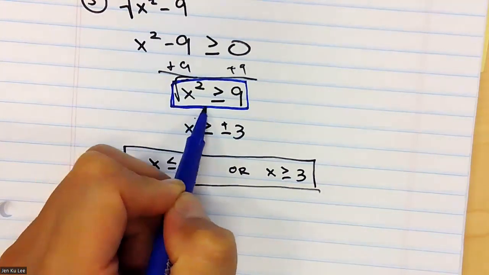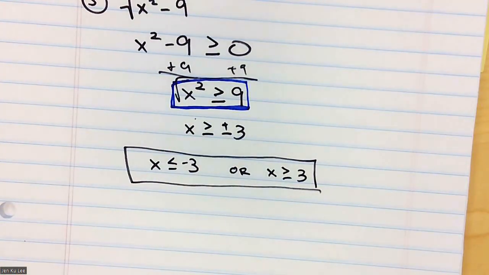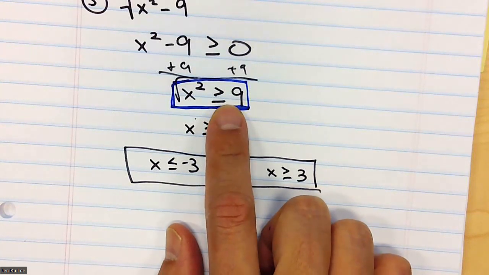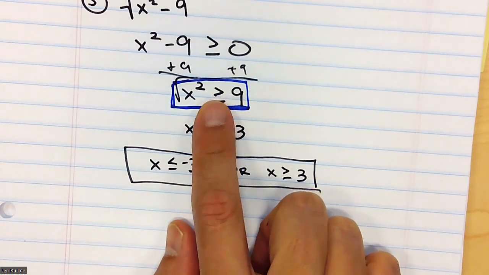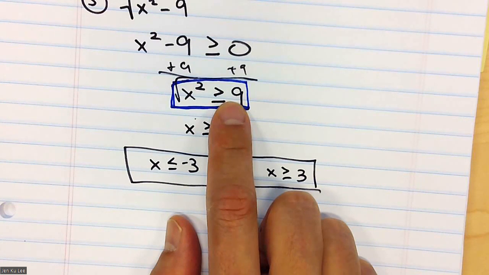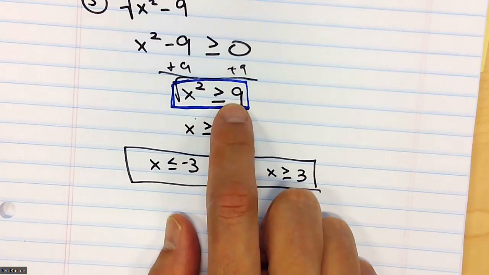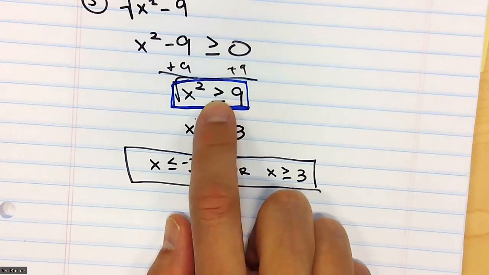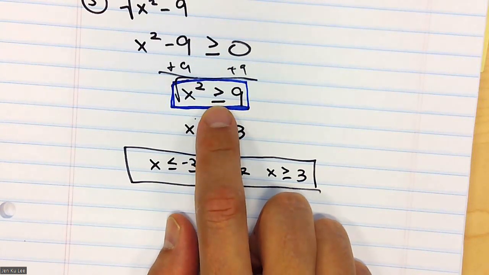If x squared must be greater than or equal to 9, what numbers can x be? 9 squared is 81, which is definitely greater than 9. Can it be negative 9? Yes, negative 9 squared is still 81. Can it be 2? No. Can it be 1? No, 1 squared is 1, so it's not greater than 9. Can it be like 2.9?